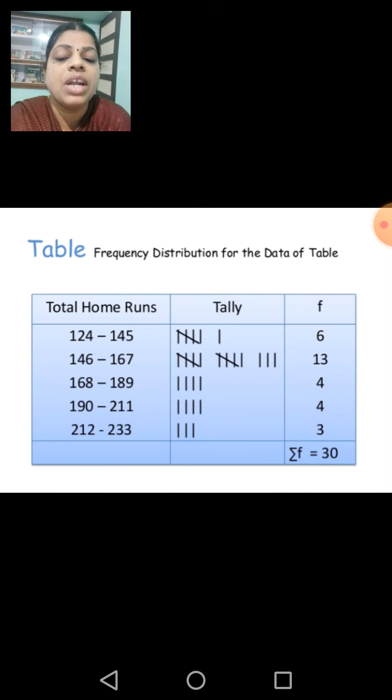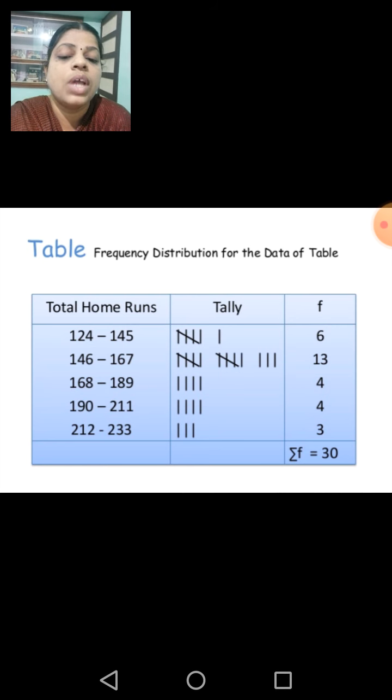So how many numbers are in between 124 to 145 we have to count from this data, and accordingly we have to mark them in the frequency column as numbers and in the tally as its representation.